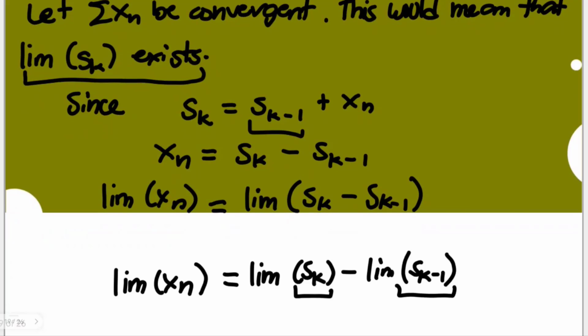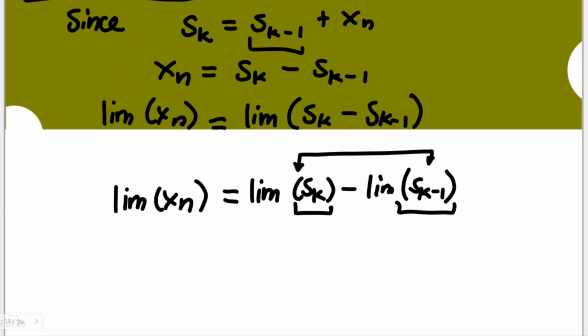This would mean that since both of these are representations of partial sums in our series, and again, we are given that the summation of x sub n, or the series, is convergent, whatever the limit of this is, that's also the limit of this form, because they are both on the same convergent series.